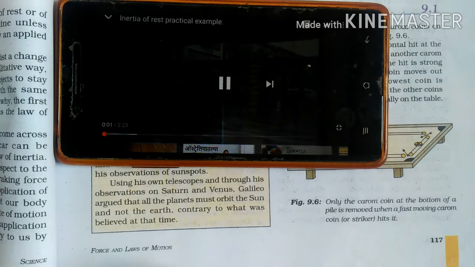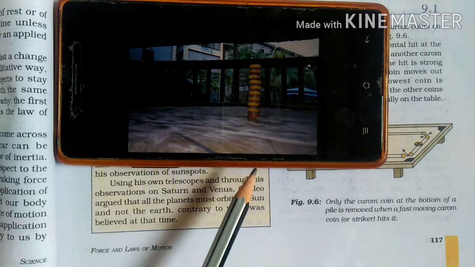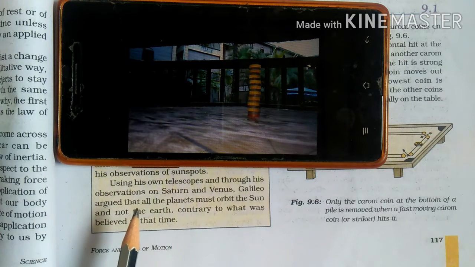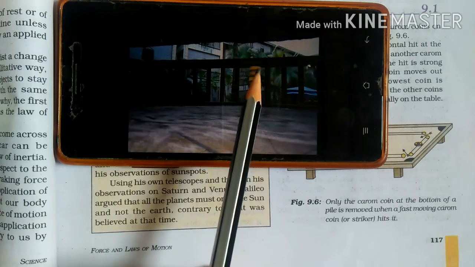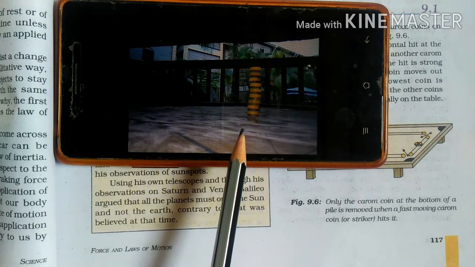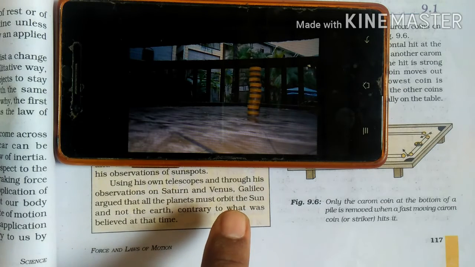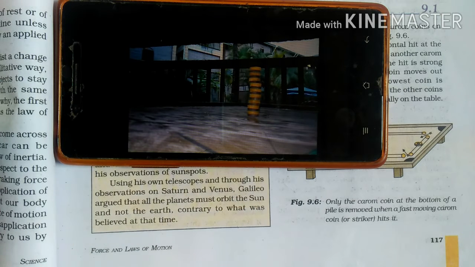See here, at first they have shown one striker hit at the bottom of the coins. See now, and the vertical coins come downward on the table. See once again the experiment.